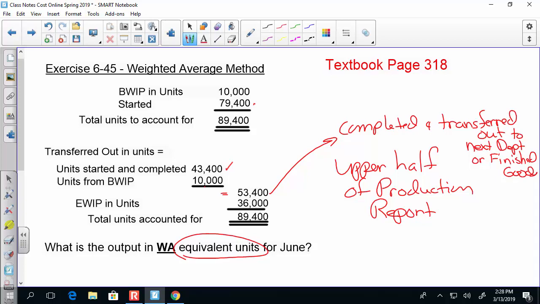So in other words, we're going to debit that next department's WIP or finished goods inventory and credit this department's WIP for those costs being transferred out.